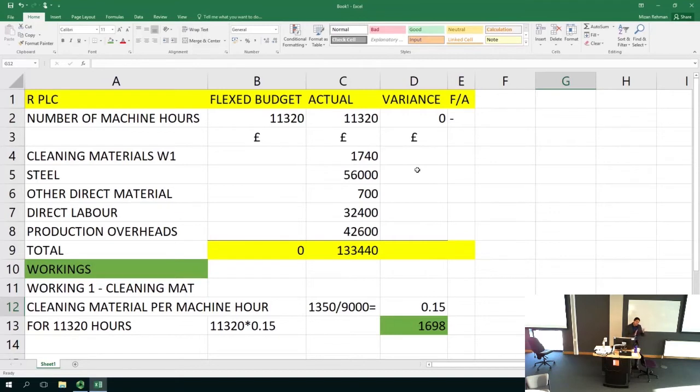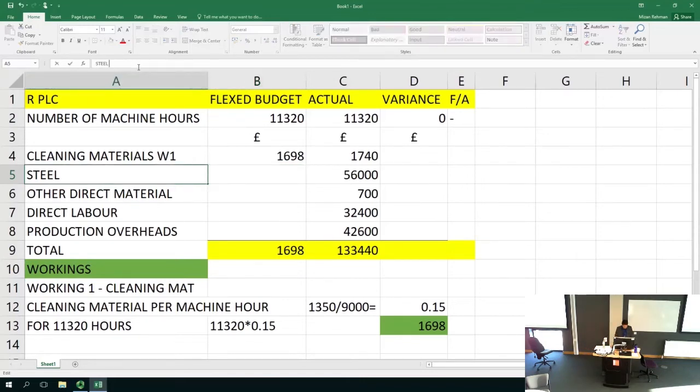So we are revising our original budget, and 1,698 is my budget for my actual hours. Cleaning material is a variable cost. So for 9,000 hours it is 1,350, and for 1 hour it is 15 pence.